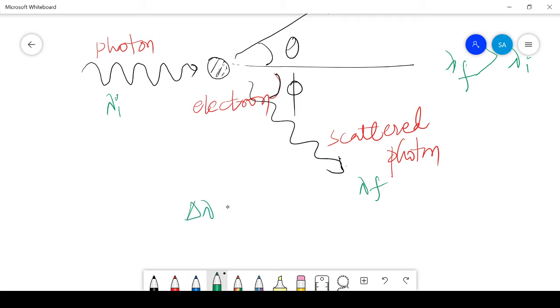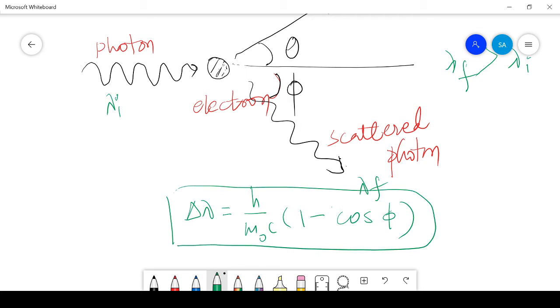That change in wavelength is known as del lambda, and it is given by del lambda equals h divided by m naught c times 1 minus cos phi. This is your expression for the Compton shift.